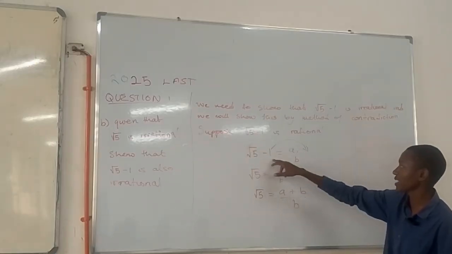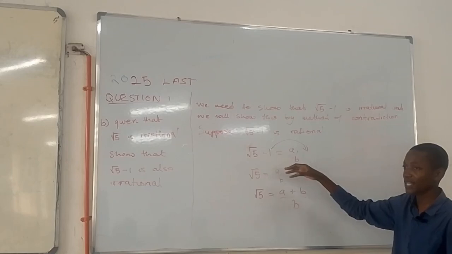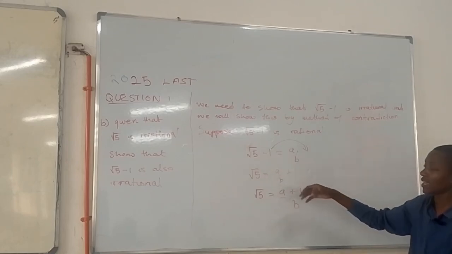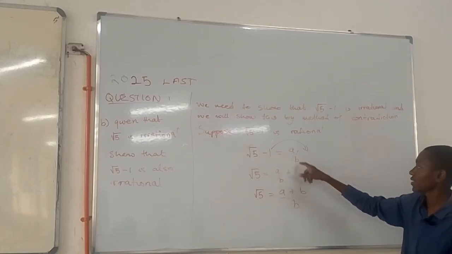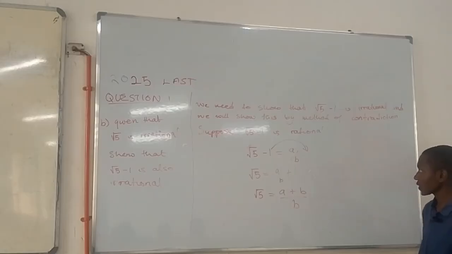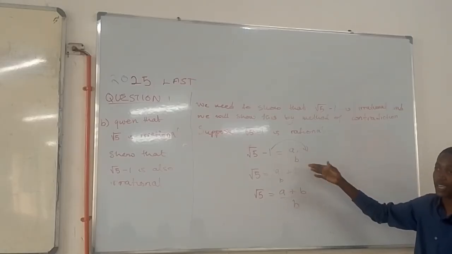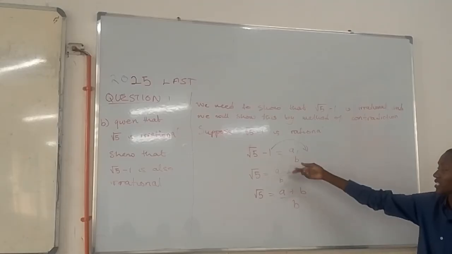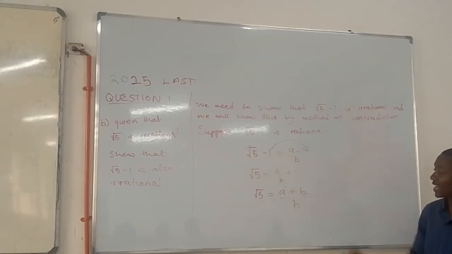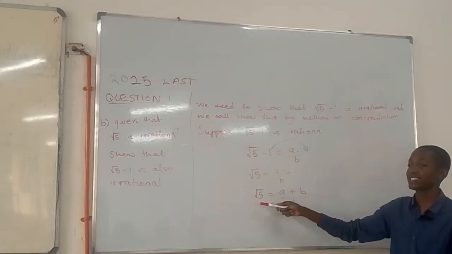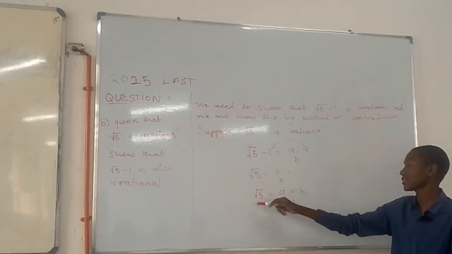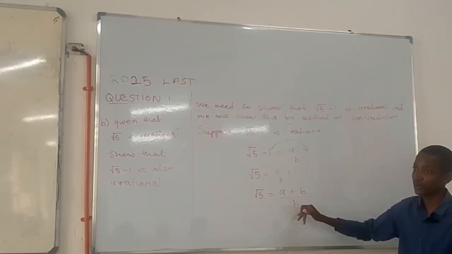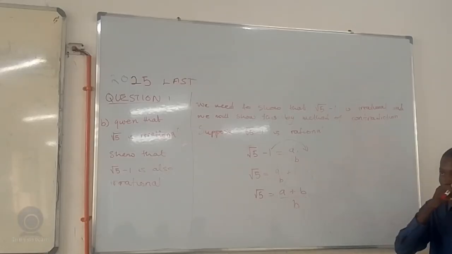If it is rational, it can be expressed in the form of a fraction, a over b, where a and b are integers. And we know that this is irrational. So an irrational number cannot be equal to a rational number. This is a direct contradiction.